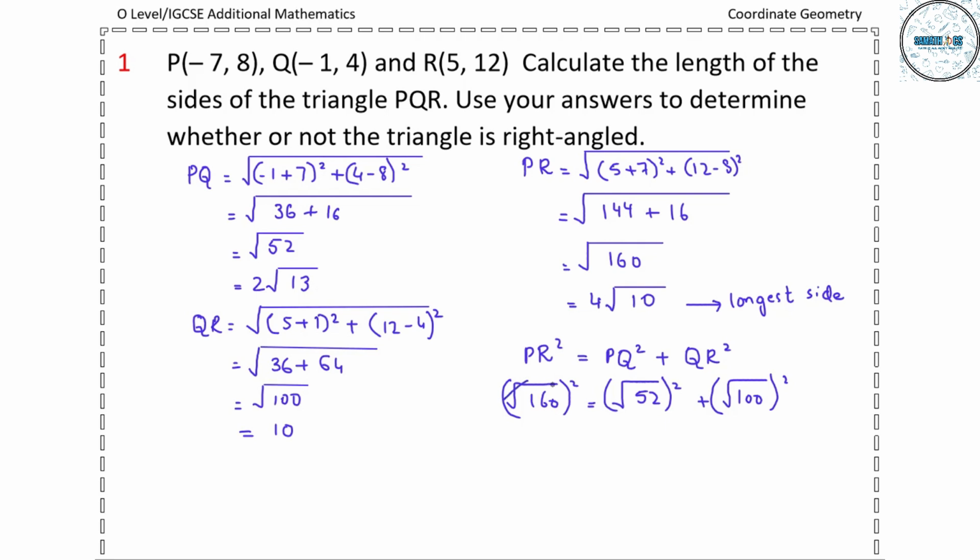We can cancel out the square with the square root. So we are left with 160 is equal to 52 plus 100. 160 is not equal to 152. So we can say it's not a right angled triangle.